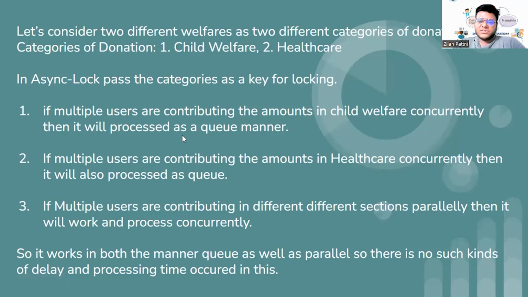If multiple users are contributing amounts in child welfare, it will work in a queue manner. If multiple users are contributing amounts in healthcare, then the process will also work in a queue manner. But if multiple users are contributing in multiple different categories, then it will work in a parallel manner.